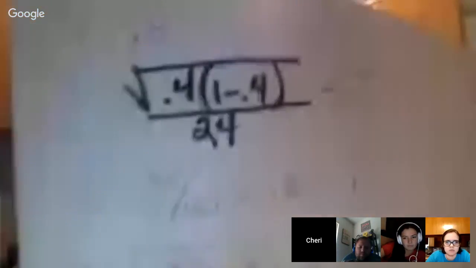So the square root of 0.4, and then, well, I don't know. So you guys can see. Square root of 0.4. This thing right here.